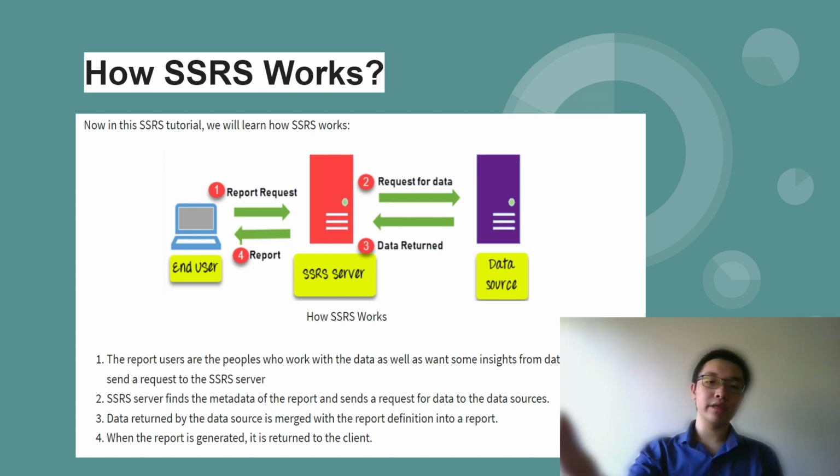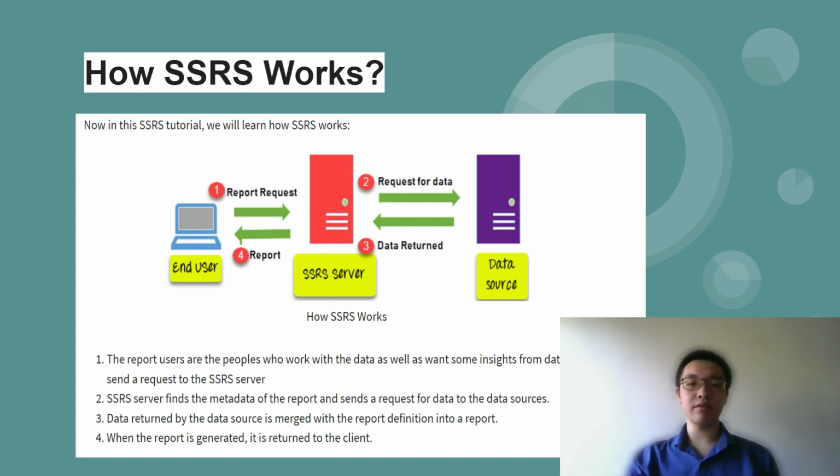So how does SSRS work? Based on the architecture diagram on the screen, you can see that the end user connects to the SSRS server. From there, it gets the data source, and we link the data source together. From the data source, the data comes back through the SSRS server and is populated to the end user.